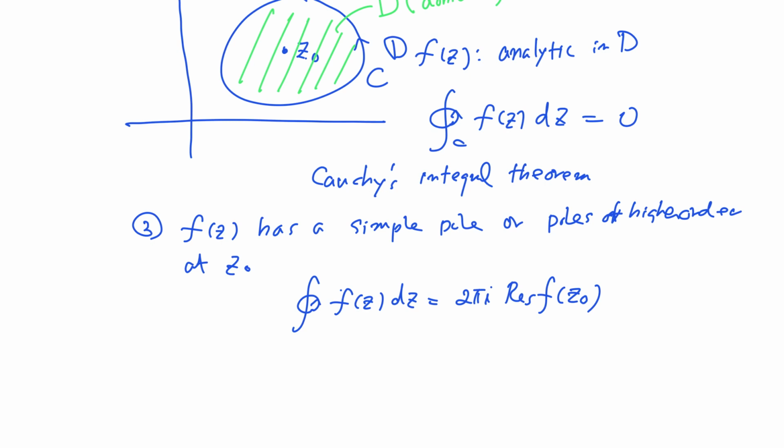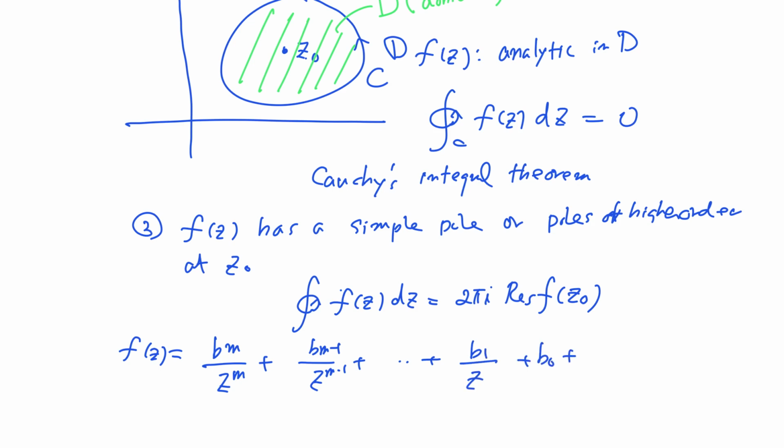That is when f(z) can be expanded with b_m over (z minus z naught) to the m, b_(m-1) over (z minus z naught) to the m minus 1, up to b_1 over (z minus z naught), and b_0.